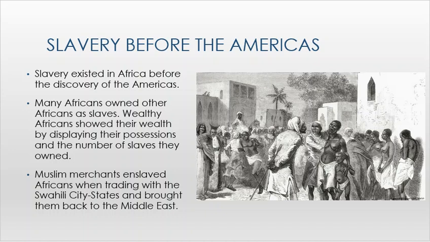So on the east coast of Africa, a lot of slavery was already going on. Slavery would never get as intense as it did when the Europeans started enslaving Africans and bringing them to the Americas. However, slavery had been going on for quite some time in Africa before the Americas were discovered.